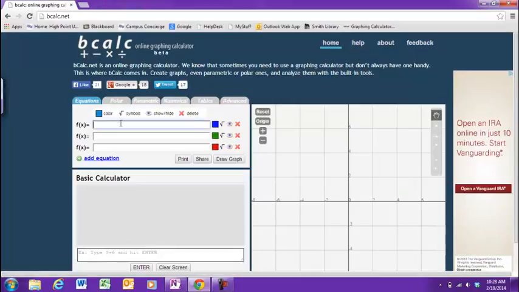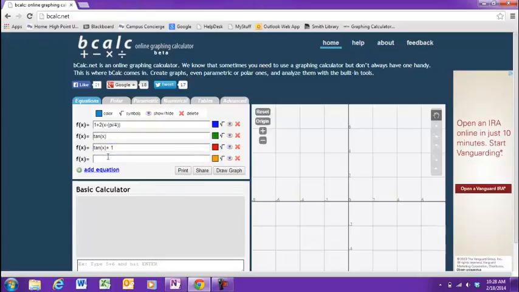So I'm going to start by typing in my linearization, 1 plus 2 times x minus parentheses pi divided by 4. And then I'm going to do tangent of x. I'm going to do tangent of x plus 0.1.